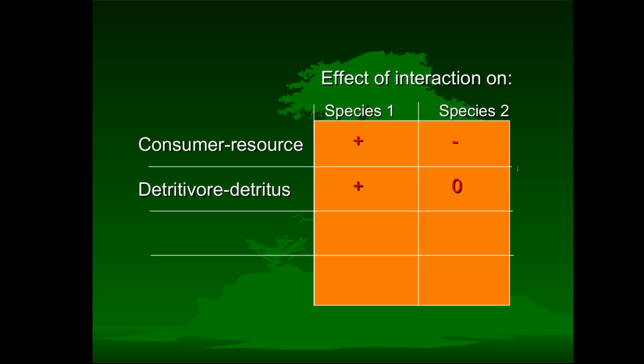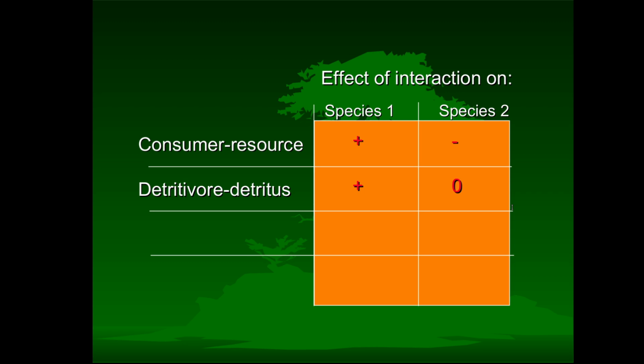Then we've got the detritivore-detritus interaction. A detritivore is just a species that is a scavenger or consumes dead organic material. And detritus is just dead organic material. All right, so if one species' fitness increases while the other one's is unchanged, then this is a detritivore-detritus interaction. It's also called a commensalism interaction.